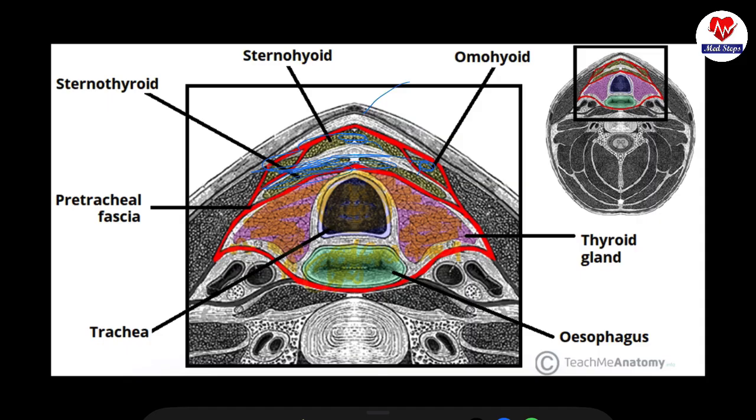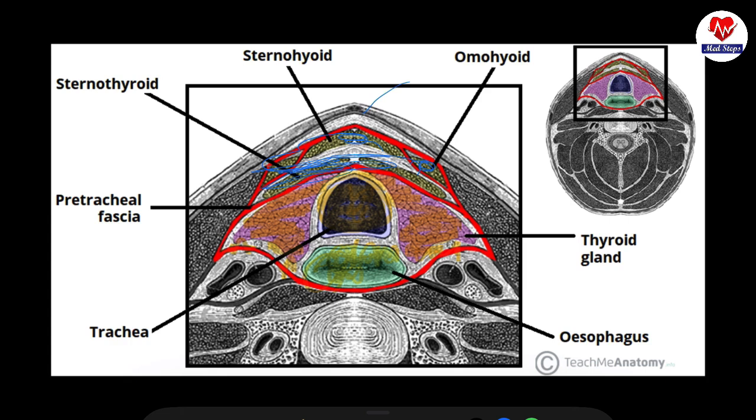We have to remember that these posterior relations are the reason thyroid surgery becomes high risk, because these structures are very prone to injury. During or after surgery, if there is nerve compression or nerve traction, the patient will get problems with voice and many other things.